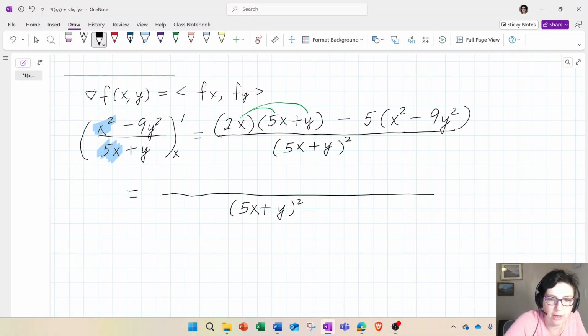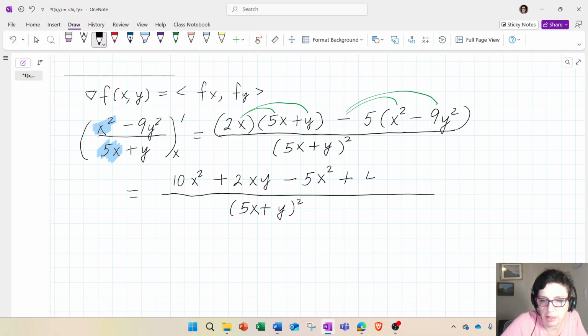So this is going to become 10x squared plus 2xy. Then now we're distributing again over here. So this becomes minus 5x squared. But then the two negatives make it a plus 45y squared. And now we want to see, is there any like terms that we can actually combine?